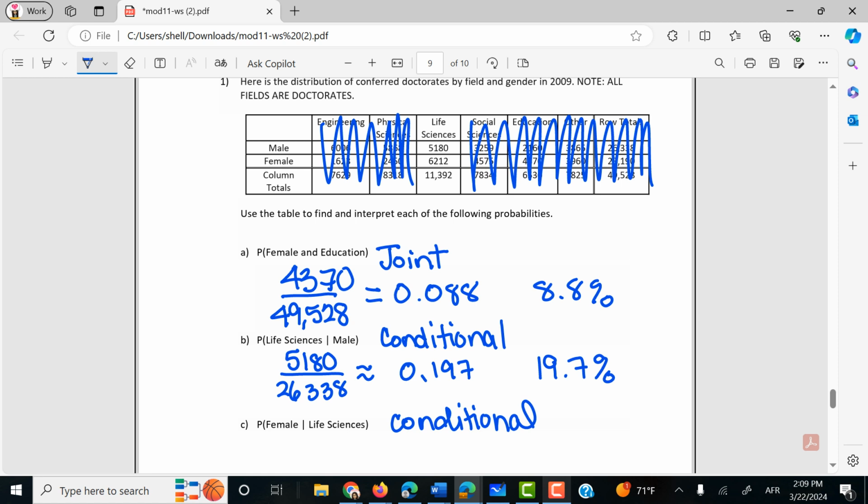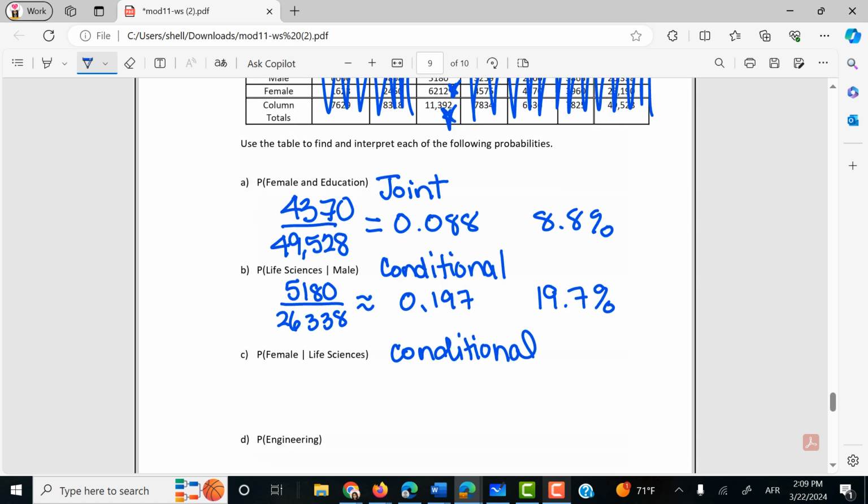The number of females that chose life sciences as a doctorate was 6,212, divided by the total number of students that had life sciences as their doctorate. So this fraction is 6,212 divided by 11,392, which is approximately equal to 0.545, multiplied by 100.